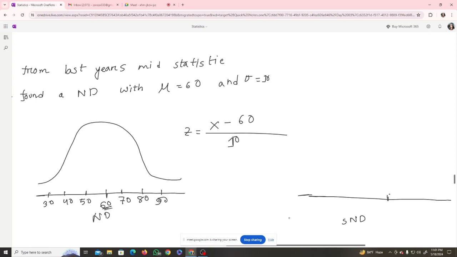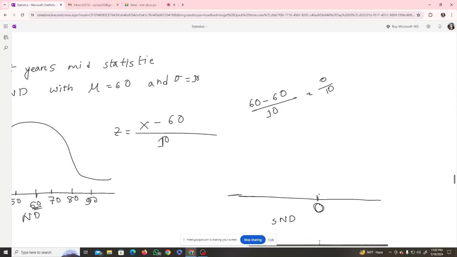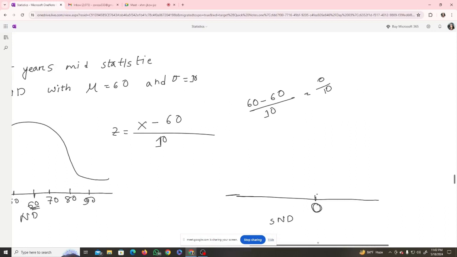So if I plug in 60 in here, what will I get? 60 minus 60 by 10, which is what? 0 by 10 equal to 0. So I am getting the mean as 0, right? First condition tick marked. Then after that, if I plug in 70 over here, 70 minus 60 by 10 is equal to 10 by 10 equal to 1.